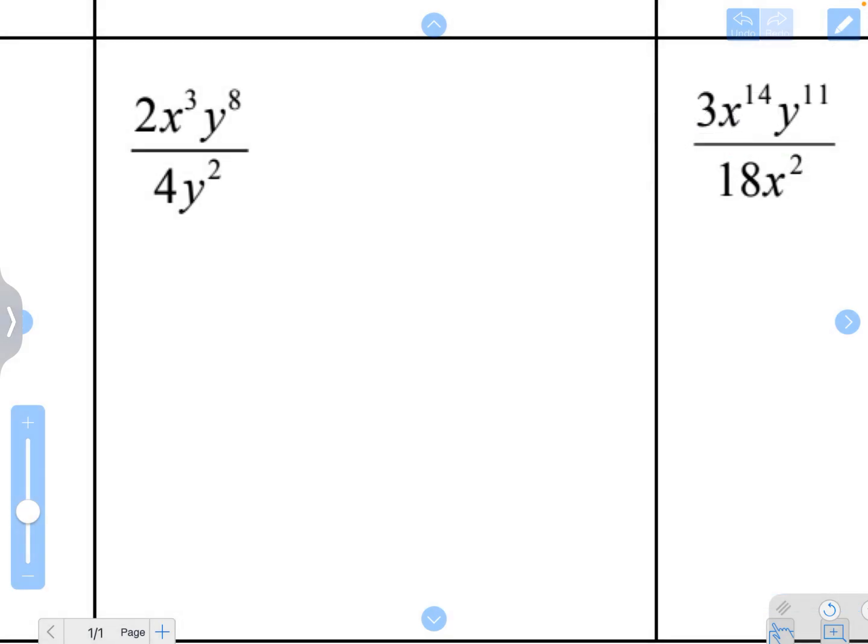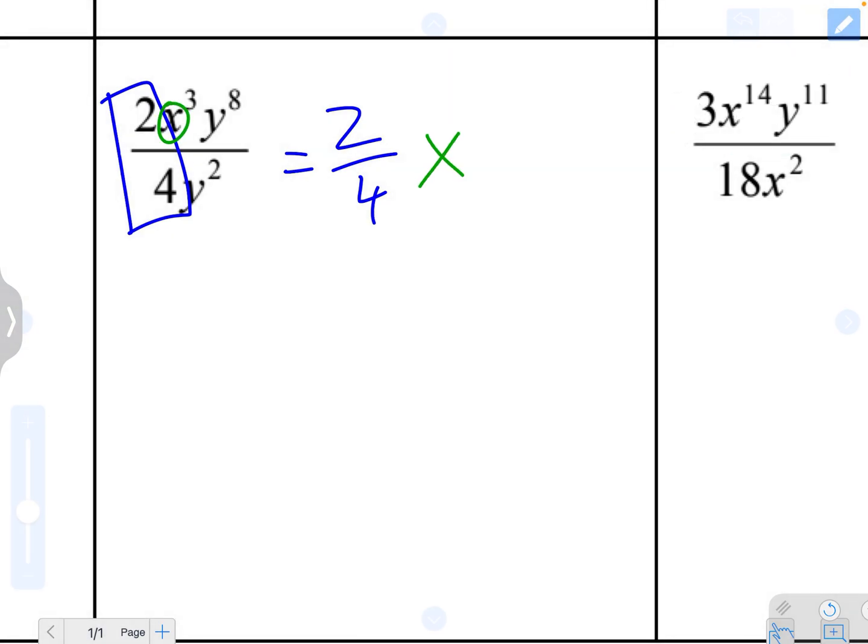All right, again, we've got two coefficients. We need to simplify those coefficients. I'm going to write down my base of x. I'm also going to write down my base of y. I only have one x, so I don't need to add or subtract anything. I'm just going to write down the 3, and then I need to take the 2 exponents of y, and I need to subtract them.